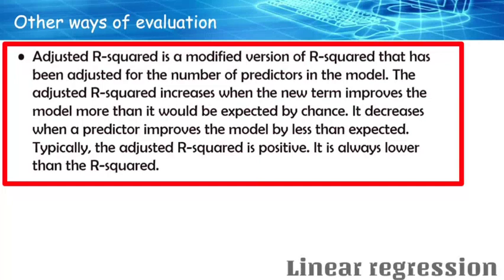The adjusted R square increases when new terms improve the model more than would be expected by chance. It decreases when a predictor improves the model by less than expected. Typically the adjusted R square is positive, and it is always lower than the R squared value. So we'll see the formulas.